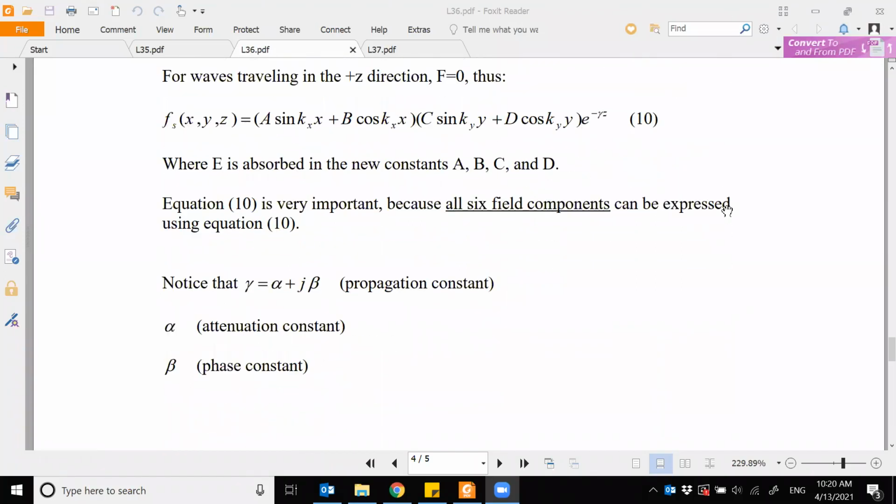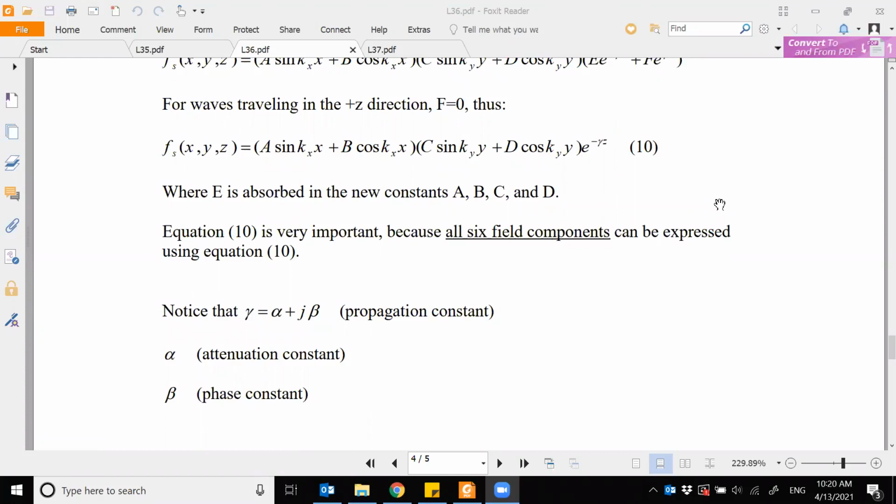So here we have 4 constants, A, B, C, D. These 4 constants we need to find. And in order to find them, we will use the derived boundary conditions. And remember, this is Fs.